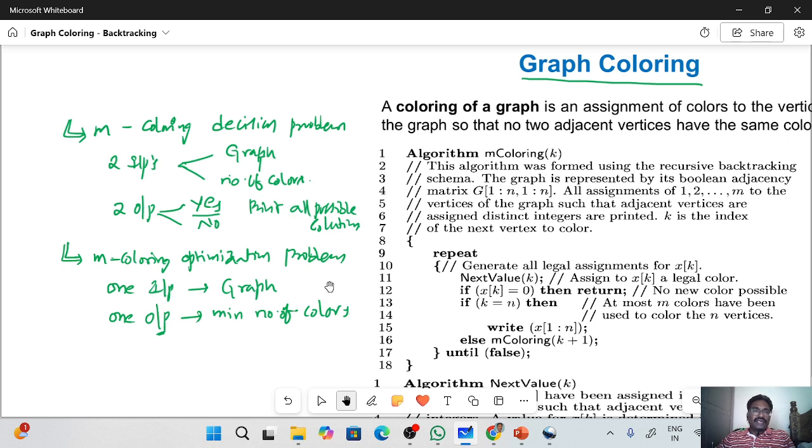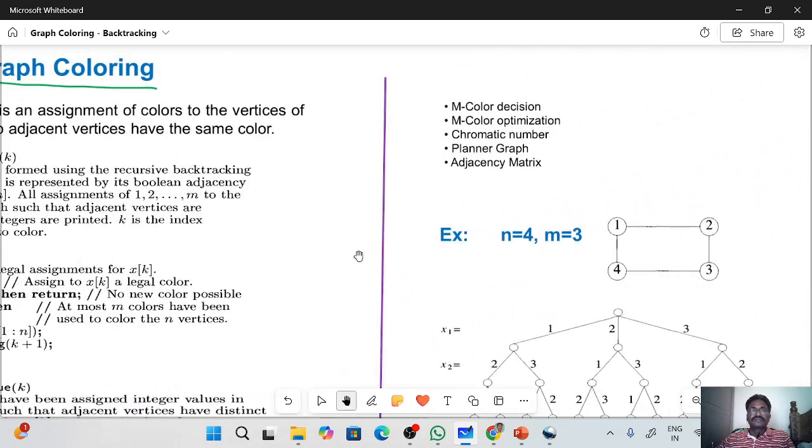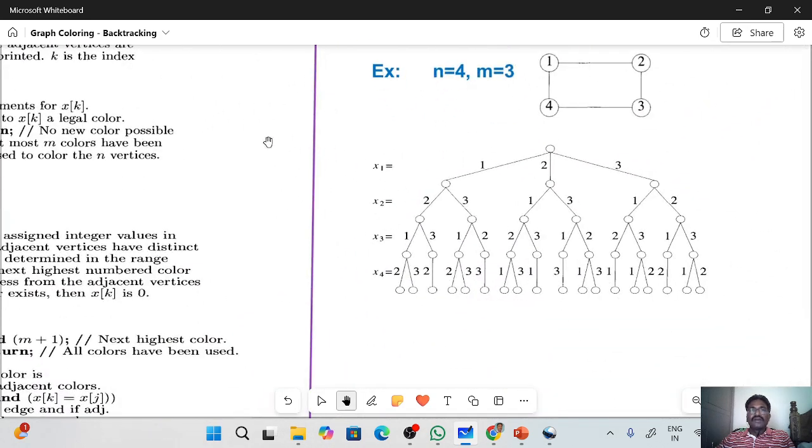So this is about the graph coloring problem statement. Now we are going to consider one example. The number of vertices is 4, in general labeled as n, and the number of colors for this graph is 3, in general labeled as M. For the color labels, don't try to fix a color name, better to go with a color label.